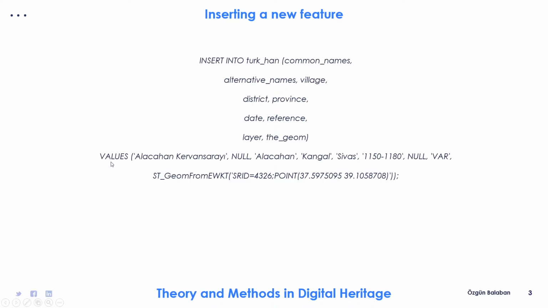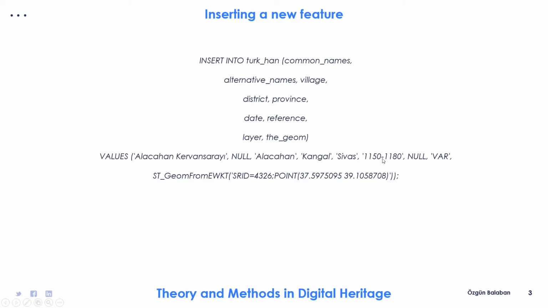So common name, so you will say values in single quotes, Alacan Caravanserai. So this is the common name. For alternative name, if I have nothing to put, you can put null, which means there is no value for this. And village, Alacahan, district, Kangal, province, Sivas, and date.